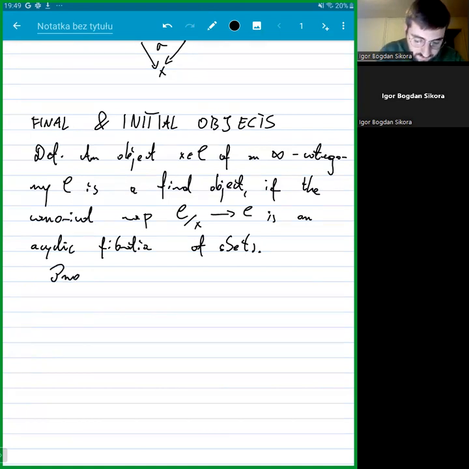So a proposition, the following conditions are equivalent. Firstly, the object X is final.